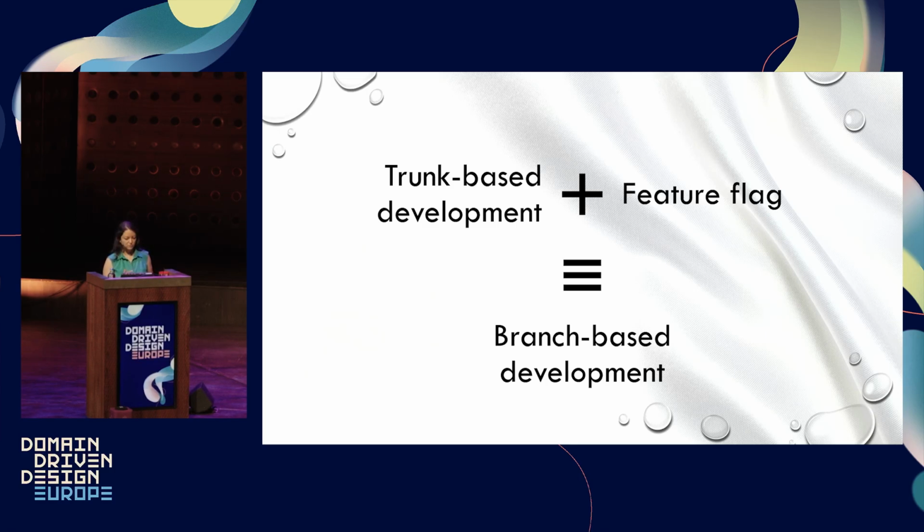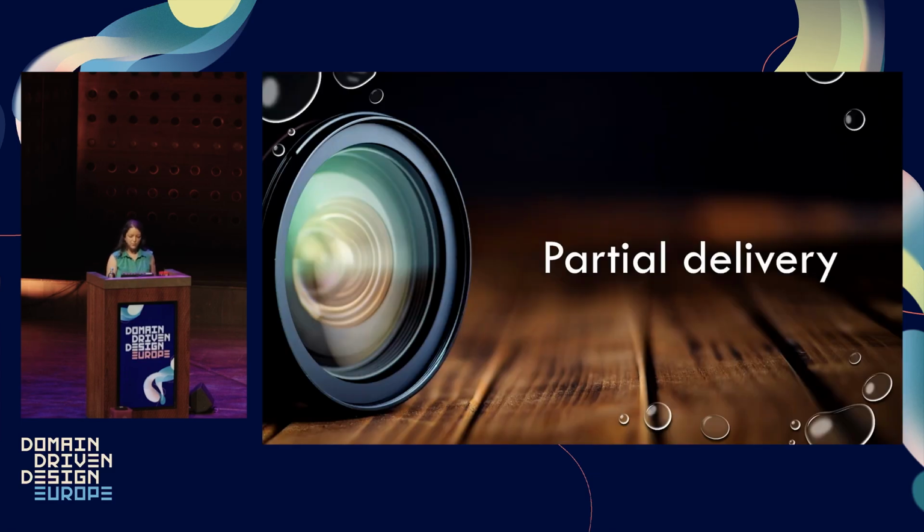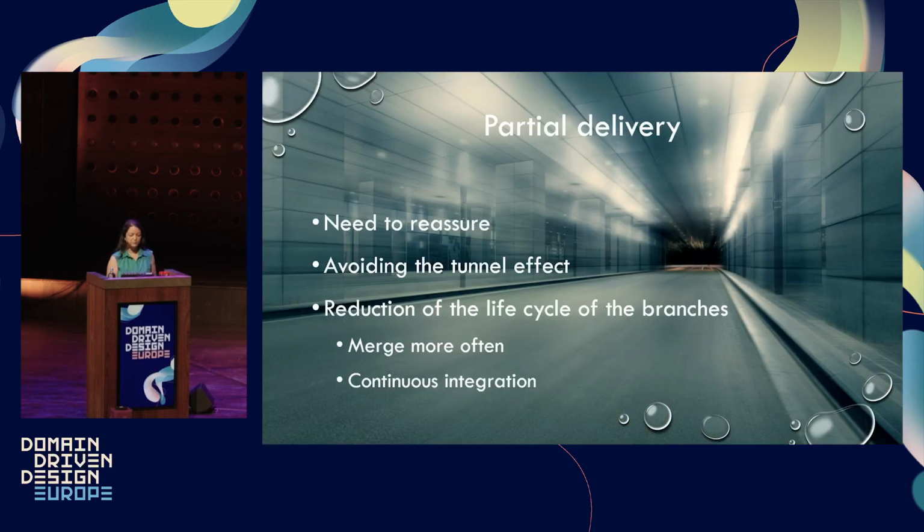So let's have a look at this use case. Why are we using partial delivery? Many reasons. We prefer to do it because we need to reassure ourselves and our customers, to avoid the tunnel effect, and to reduce the life cycle of branches.